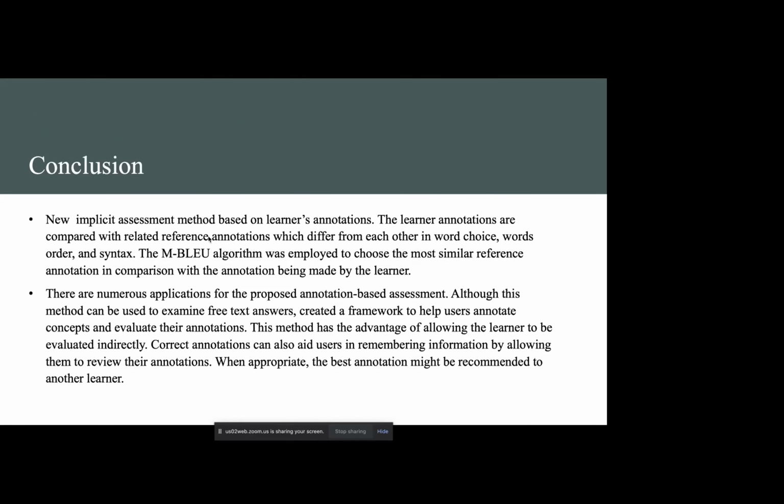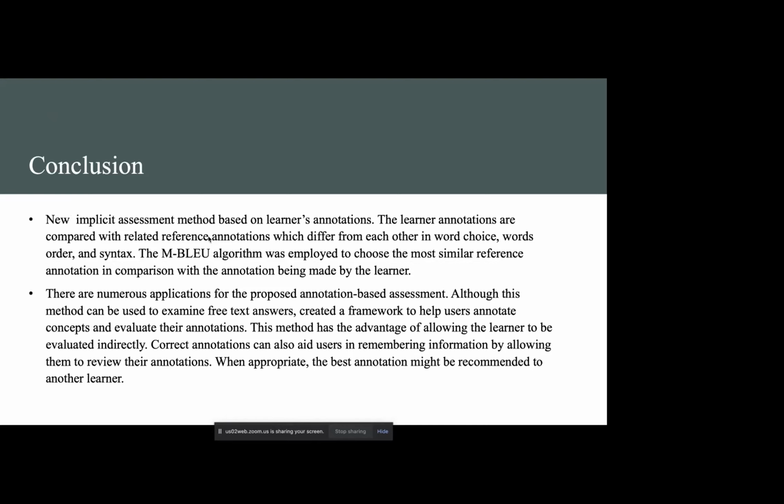Well, coming to the conclusion, in this paper, they mostly developed the BLEU techniques, the BLEU algorithm, to develop the learning system very easily.